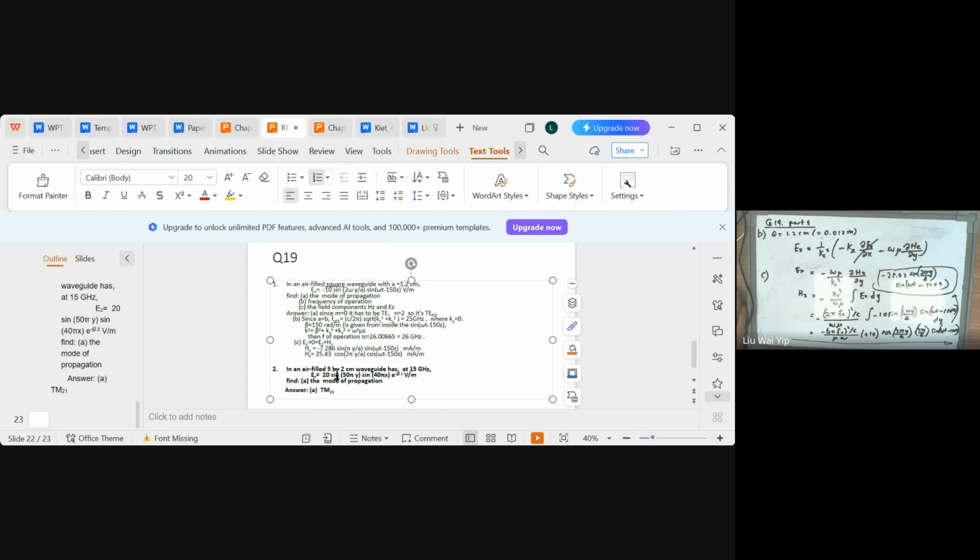The dimension is 5 by 2 centimeter, and the frequency was 15 gigahertz, and you have EX equal to this one here, and find the mode of operation. Oh, this question is super easy. The mode of operation can be seen from the question.